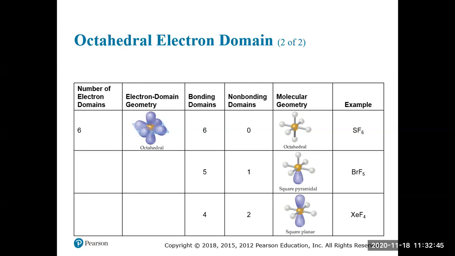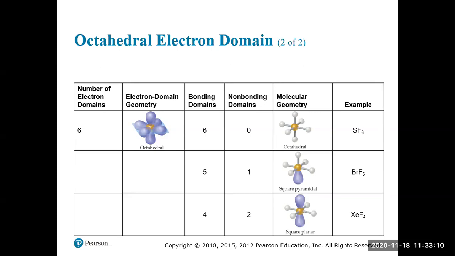to give it that square pyramidal shape. And then finally, if we have 4 bonding domains and 2 non-bonding domains, so 2 lone pair domains, then when we draw that, those non-bonding electrons are going to be as far apart as possible, so that puts them across from each other.